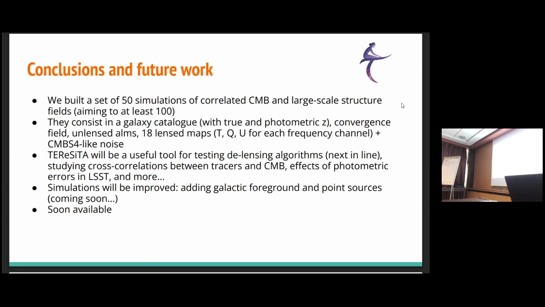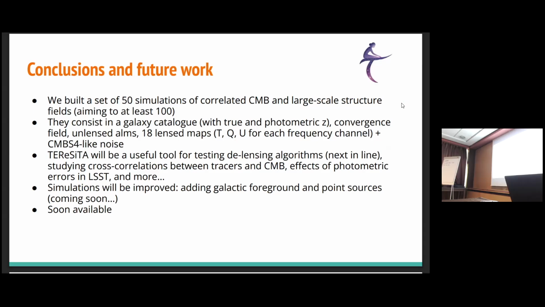You can study cross correlations between tracers and CMB, so being the matter distribution. You can study the effect of photometric errors in the LSST survey or other photometric surveys if you choose to use other specifications for the galaxy catalogs. And obviously the simulations will be improved. They are just born, let's say, and we will add the foregrounds, both galactic and extragalactic, to make it even more realistic.